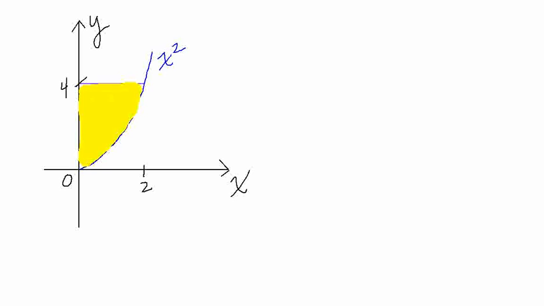Okay, so I've drawn a portion of the graph of the x squared function. I've also drawn a portion of the graph of the function equal to 4. Now, I'd like to discuss how to find the area of the yellow region.